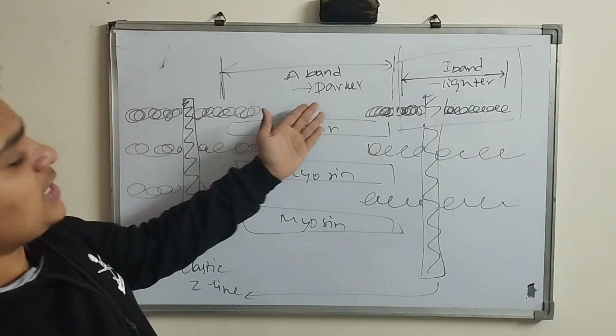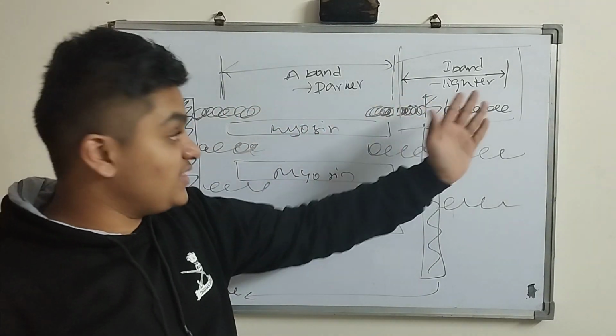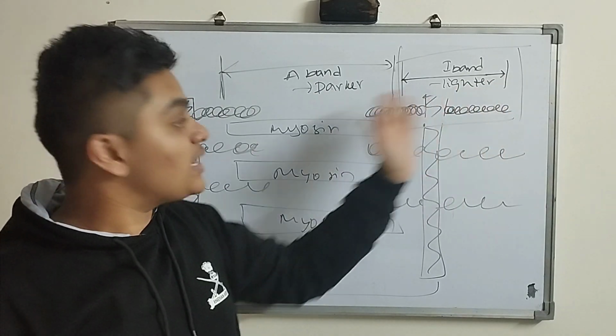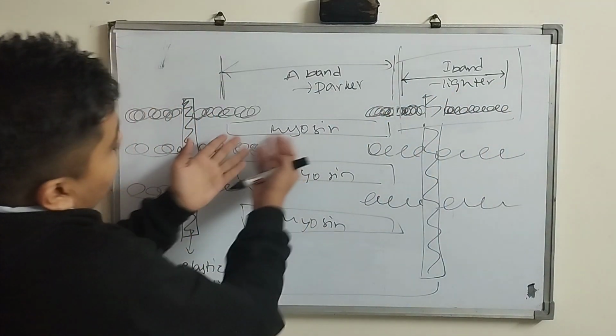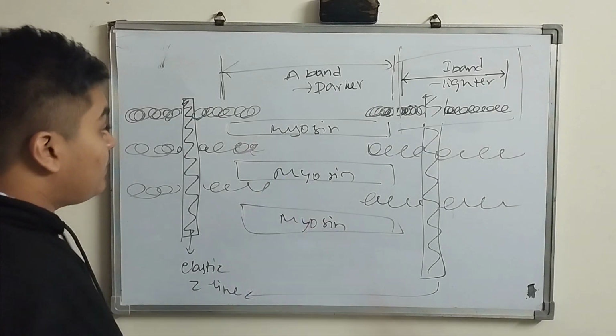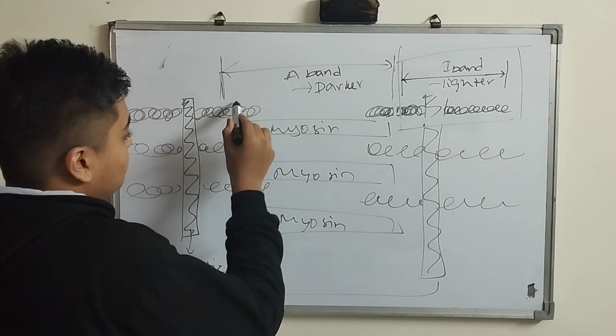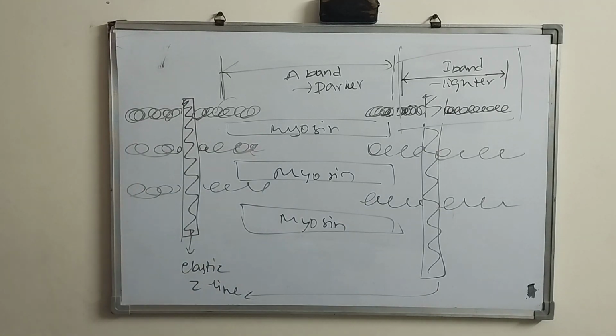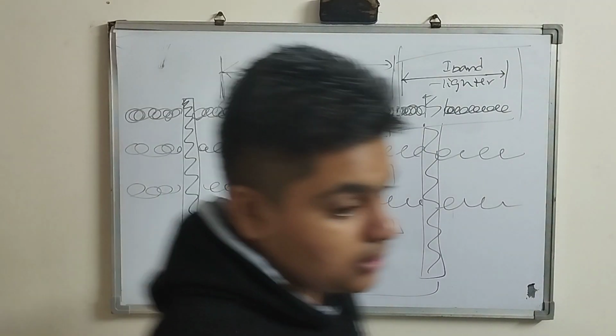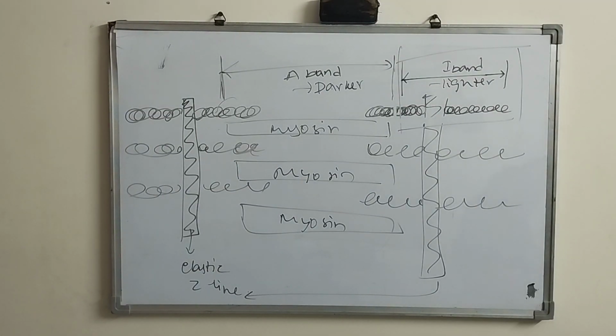So why is this darker? If this is lighter, we accept, since there is only actin filament. But why are we seeing this darker? Because here there is overlapping. Sorry, one second, guys, this marker is not working. Let's try this one.